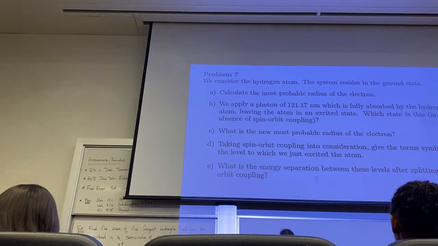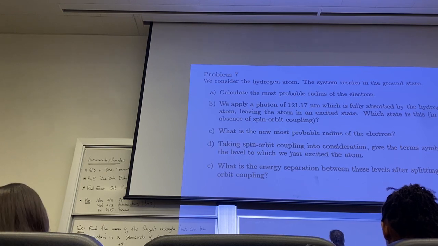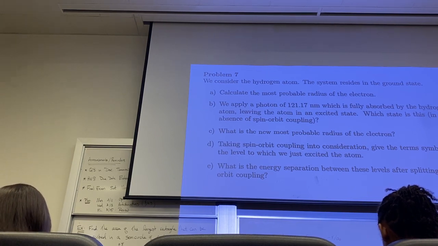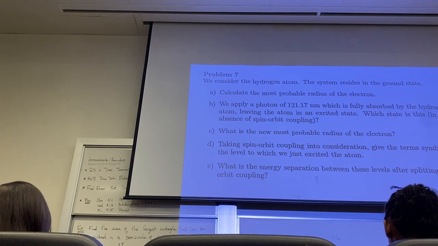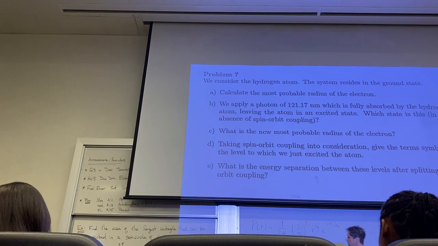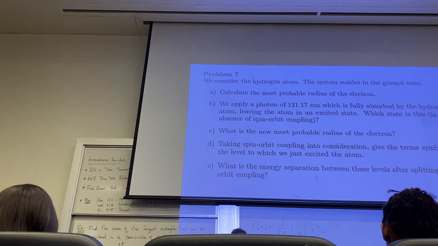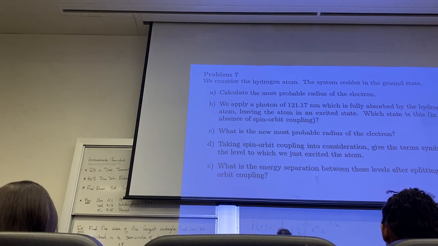I'm squaring the whole thing, and find that R, the radial distribution function, has the following form. My next task is to take the derivative of this. So let's do that. I'm going to use the product rule once again for taking the derivative. And I find this.